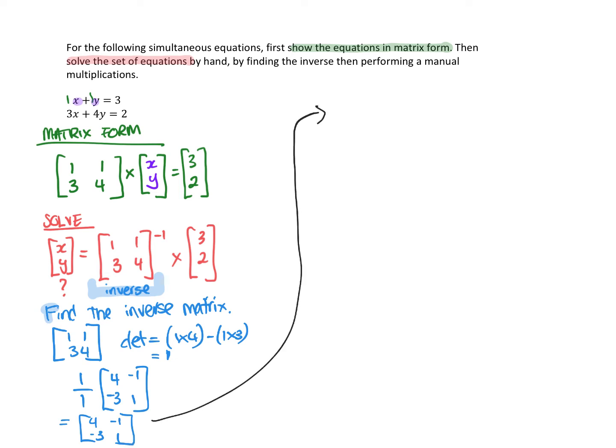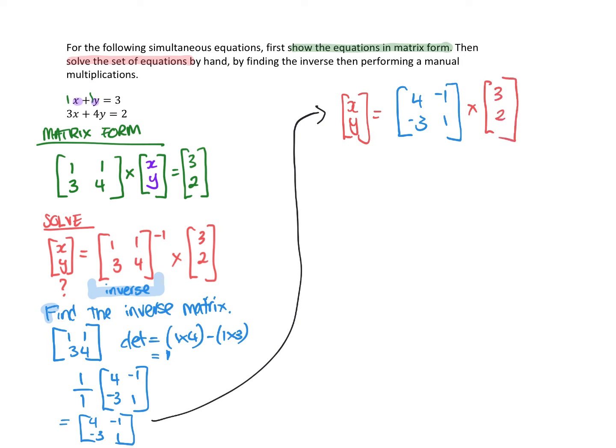So now, I've run out of room, I'm going up here. So if I'm going to continue on with my solving, I've now got the inverse. I don't need to put it in the calc, I've found that already. And I'm going to times it by the 3 and the 2.